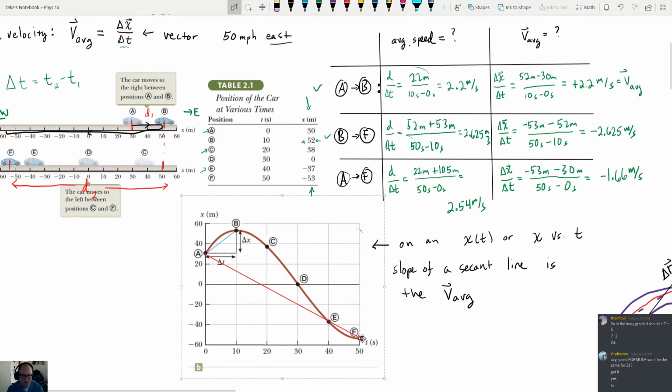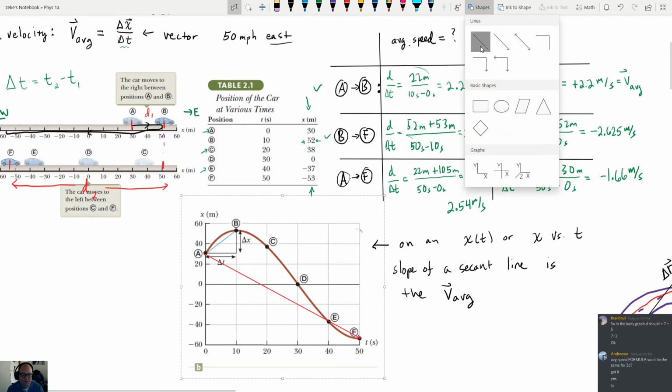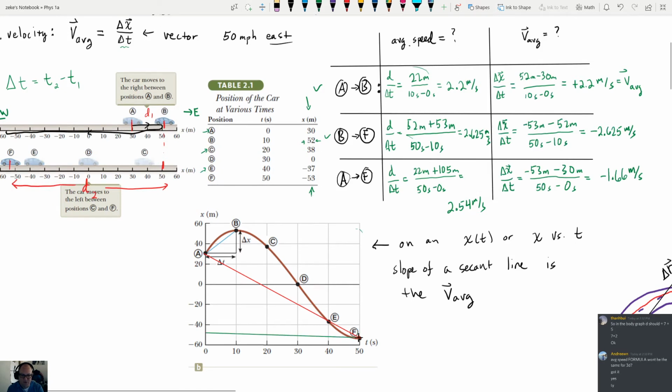And then you divide by the run, which goes from 0 to 50 here, right? And if you like, you can make a little box to say that this is your delta t. And this is your delta x right here, right? So if we do the slope of the secant line, we're going to get velocity, right? This is delta x right here, and this is delta t over here.